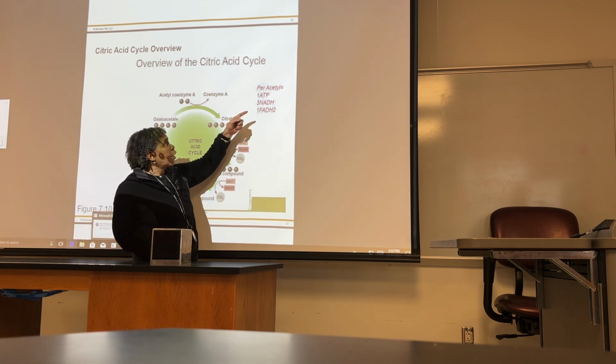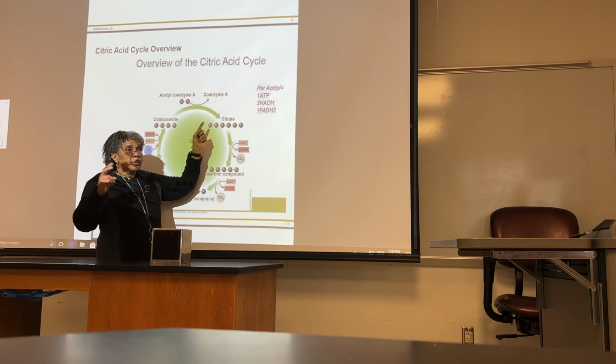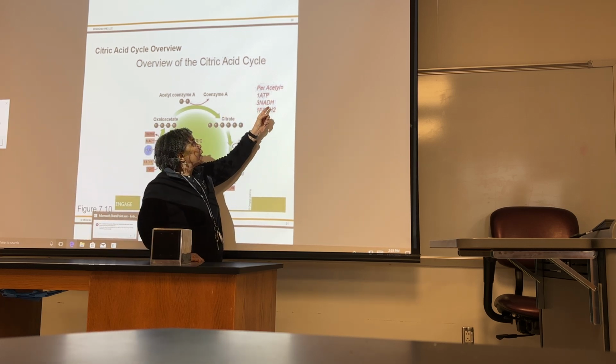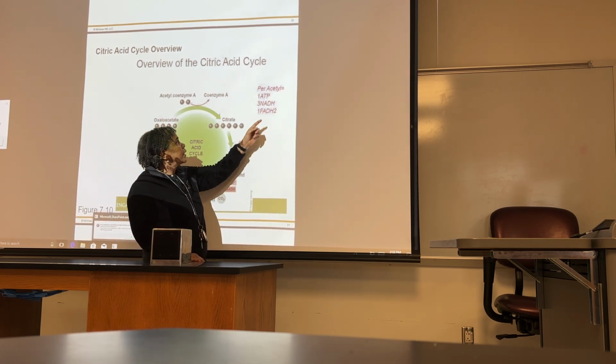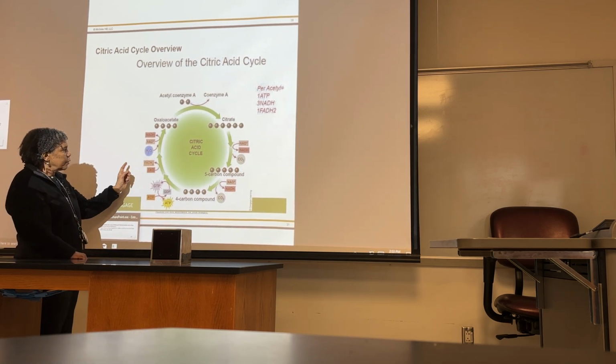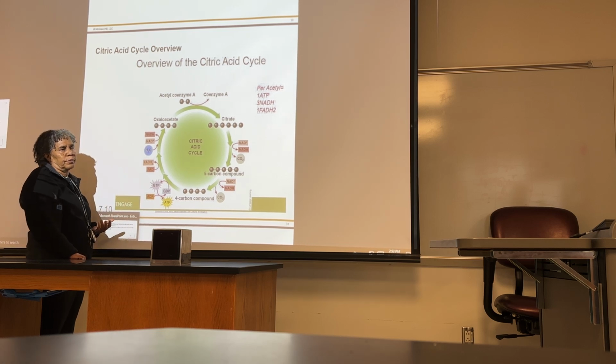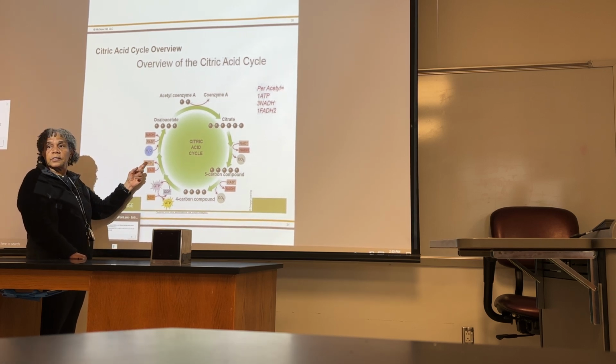And you have, per acetyl group, and you have 2 of those, 1 ATP, 3 NADH, and 1 FADH. So the arrow going this way means you're reducing these molecules.